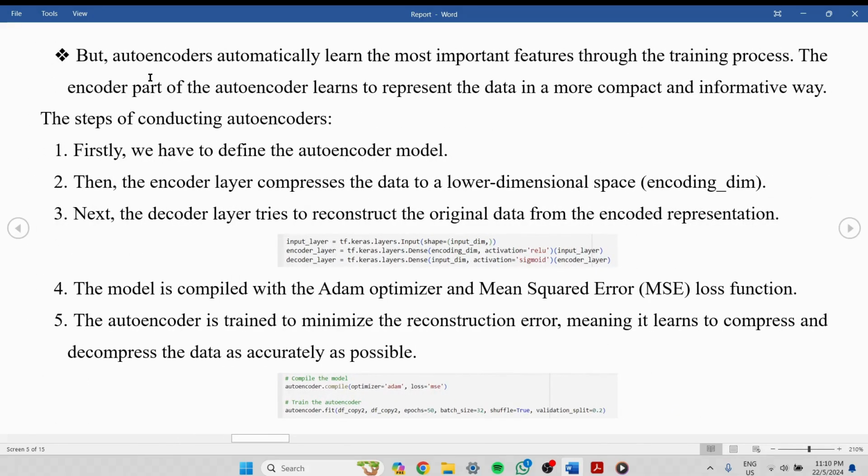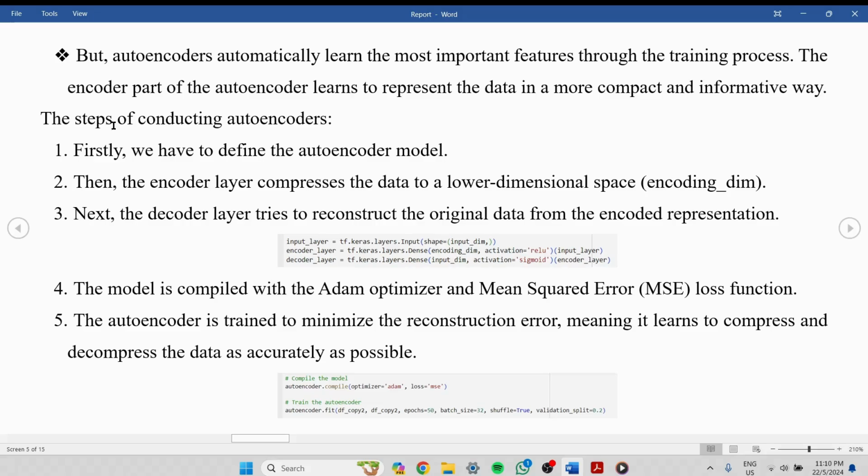But autoencoders automatically learn the most important features through the training process. The encoder part of the autoencoder learns to represent the data in a more compact and informative way. So that is one of the advantages for autoencoders, that they can simplify the high dimensionality data into lower dimensionality data.